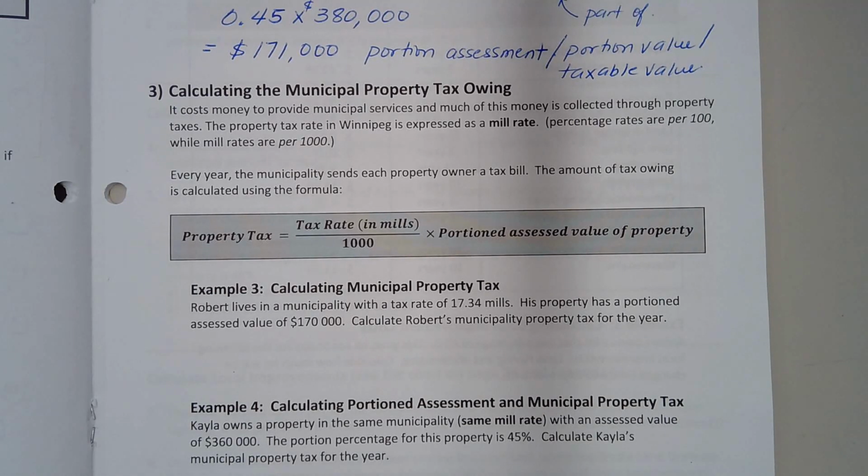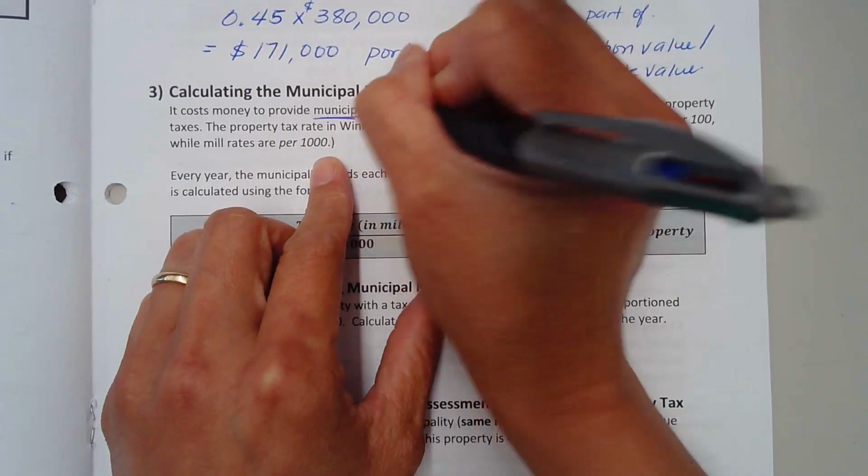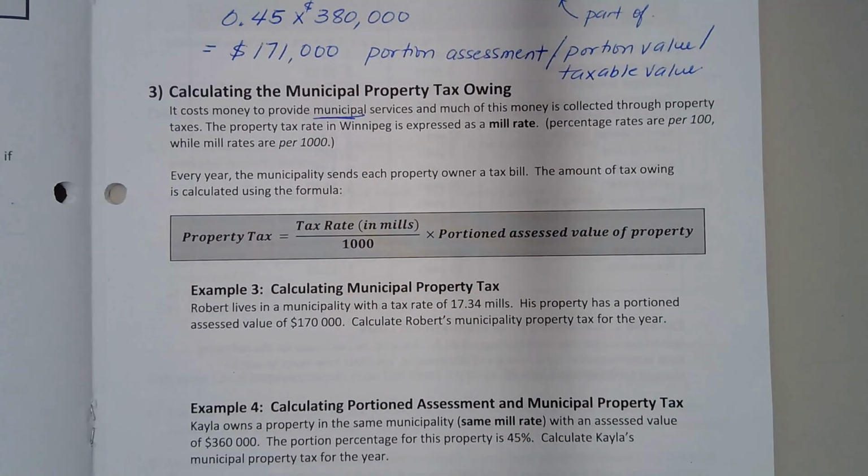What's that? Prevention? Oh, prevention of what? No, but municipal means the city of Winnipeg. Somebody talked about fixing the road, fixing the sewer, right?